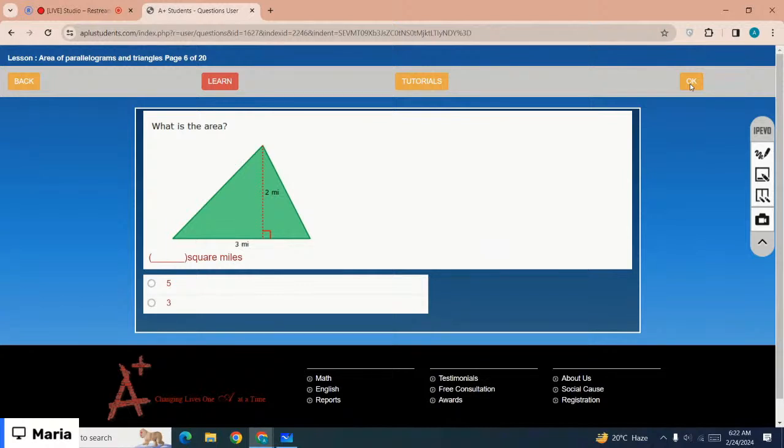Yes, the correct option is 3 square miles.